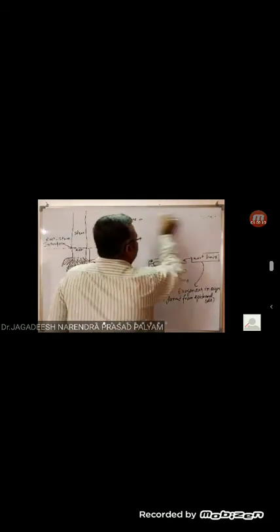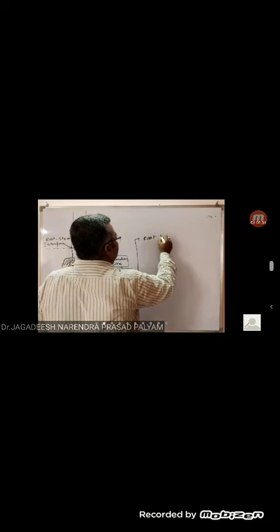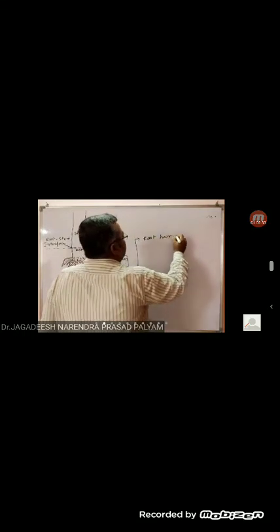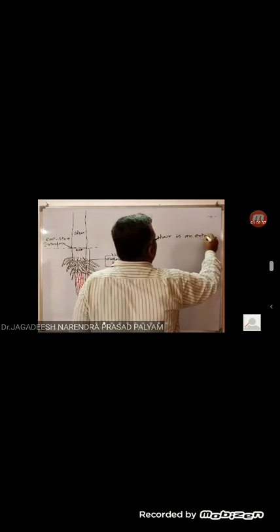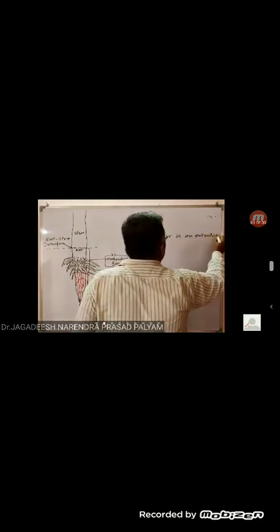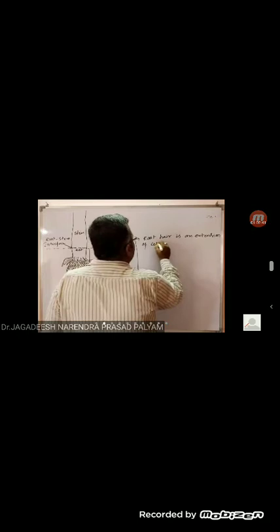Another important thing: if you see the functions of root hair, it is an extension of the cell wall of epidermal cells.